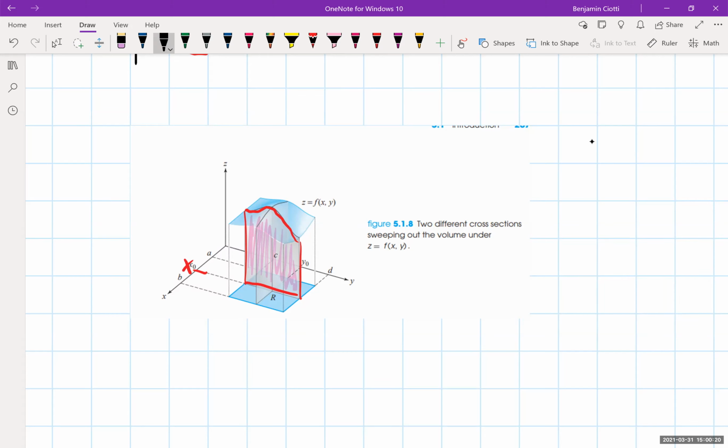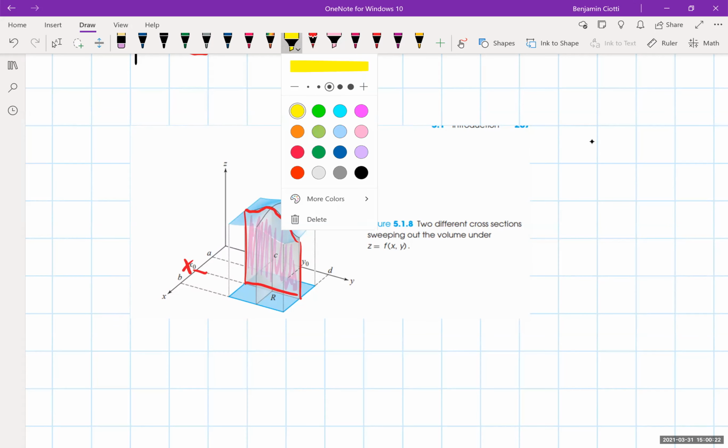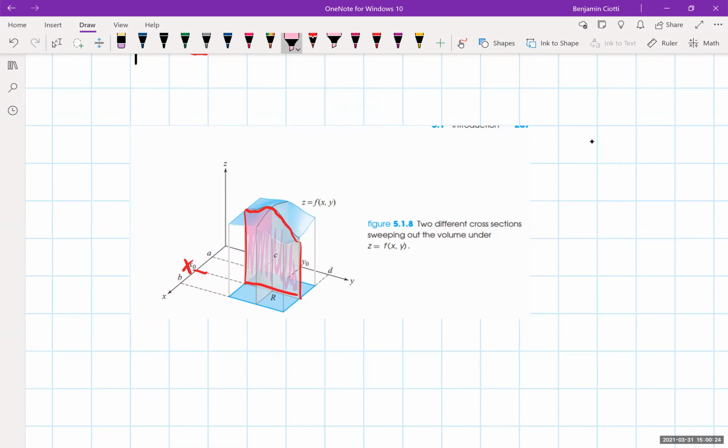Actually, it's delta y times f(x,y), from c to d. Yeah, so it goes from c to d. And if you wanted a thickness, you would throw in the delta x there.